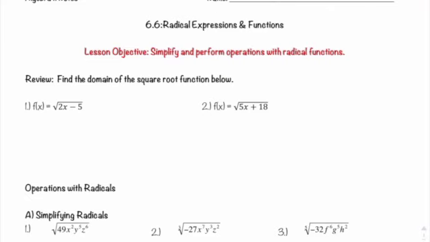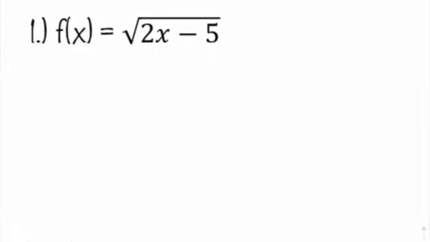So we'll start off with what you already know, and that is how to find the domain and range of radical functions. So we can go down over here and find the domain of this function. Remember that the domain is restricted to what makes the inside of the radical not negative.